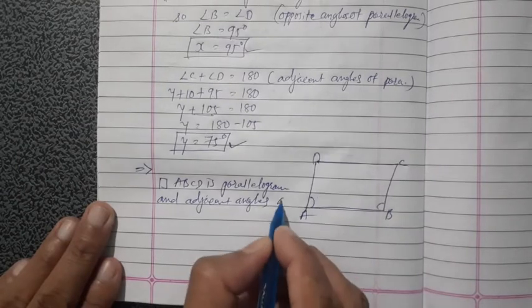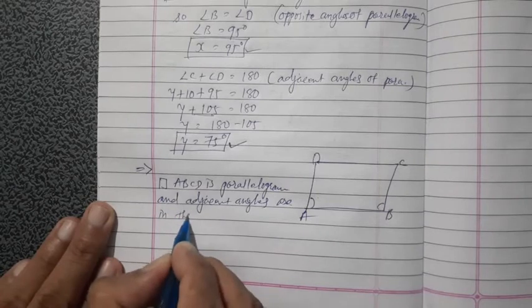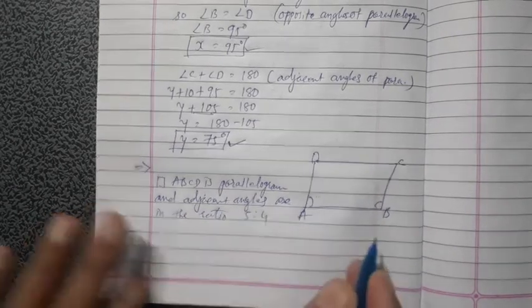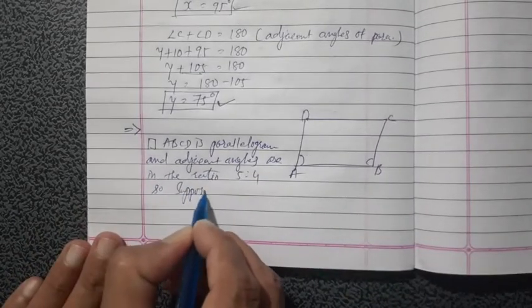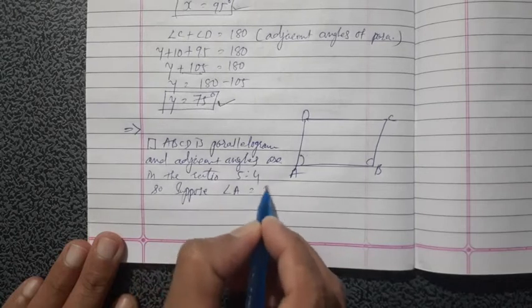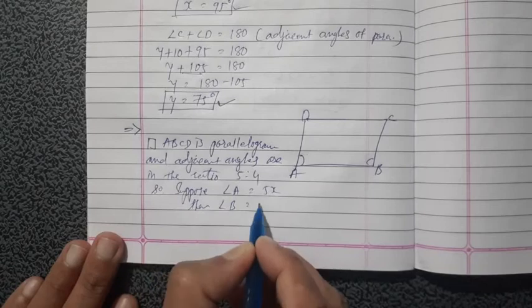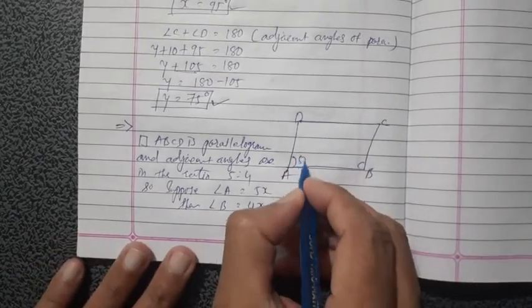Are in the ratio 5:4. That means suppose angle A equal to 5x, then angle B equal to 4x, because they are in ratio form.